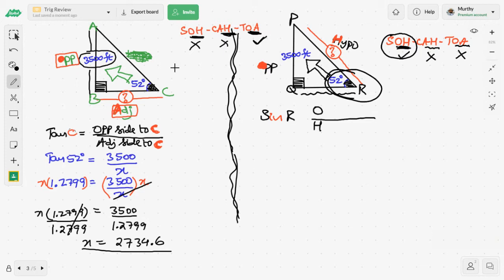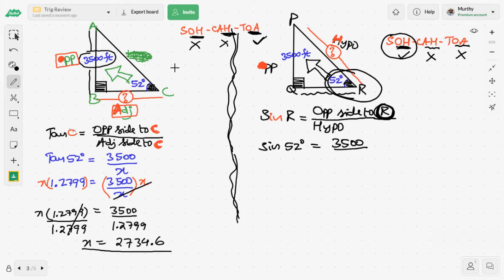So sine R, which is opposite side to R, please write in detail because this helps you to avoid a lot of mistakes, over hypotenuse. Sine 52 degrees, then opposite side is 3500 over hypotenuse.